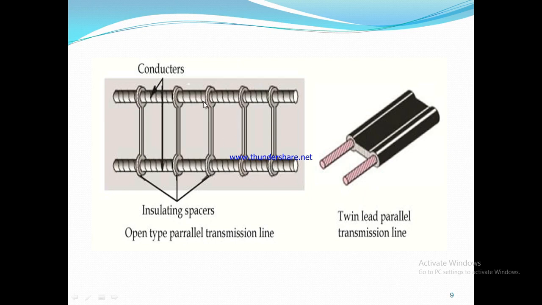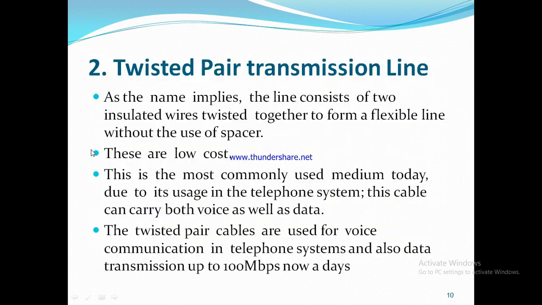We have another type of parallel line also, that is the two-wire ribbon line. This type of transmission line is commonly used to connect the television receiving antenna to a home television set. Next one is a twisted pair transmission line.